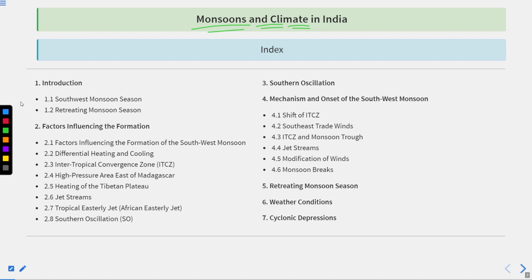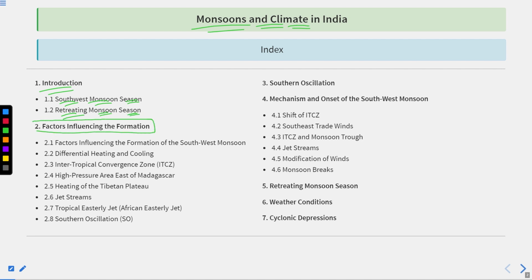Okay. So here you can say there is an introduction. The first thing that we are going to discuss, introduction, we will discuss the southwest monsoon season and the retreating monsoon season.